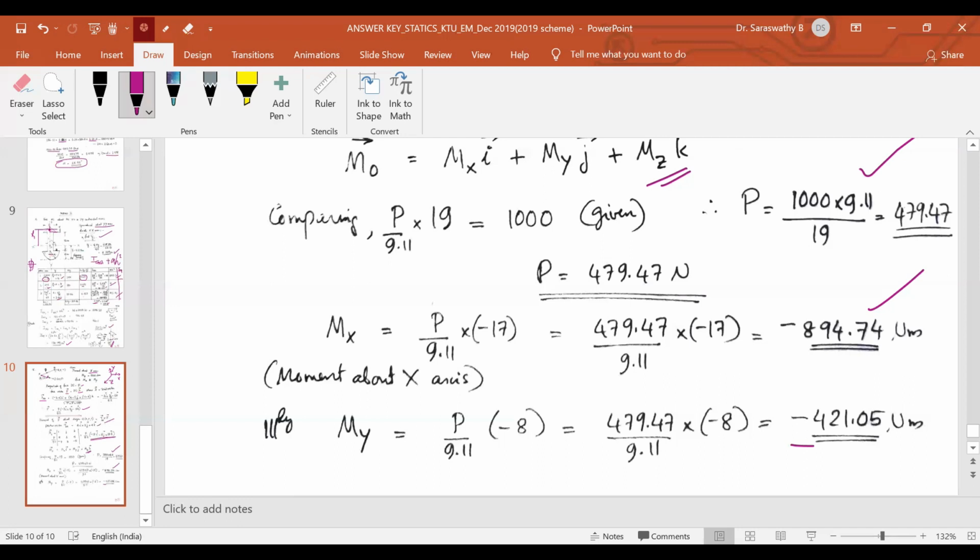Even support reactions or equilibrium equations, module 1, module 2, module 3 are really very, very easy. The dynamics questions, module 4 and 5, when compared to statics questions, take less time. So try to answer those first so that you can save the time, and keep in mind all these simple tips, and do come out with good colors in the upcoming examinations.